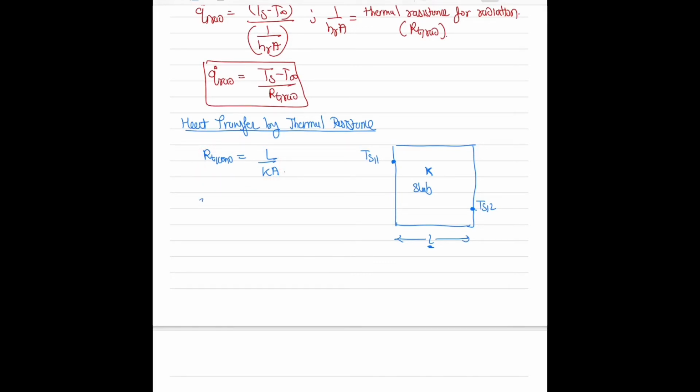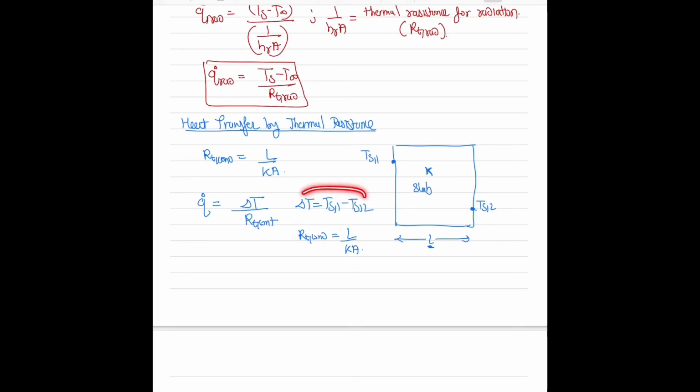So from our thermal resistance we know Q total heat equal to temperature difference, or the potential for the heat flow in thermal conduction, where our delta T equal to Ts1 minus Ts2 and resistance due to conduction is L by Ka.